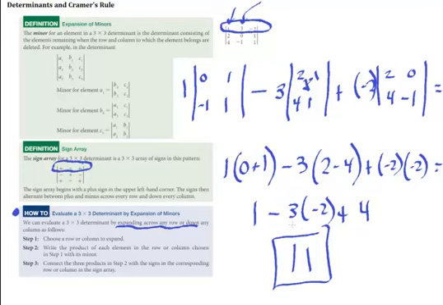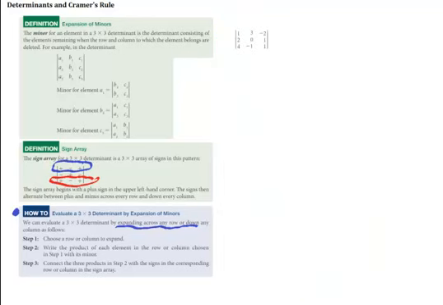And you might be asked to expand off a different row or column. You just circle that row or column and you just proceed. Like if I were to work off of this bottom row, let's play this game again.